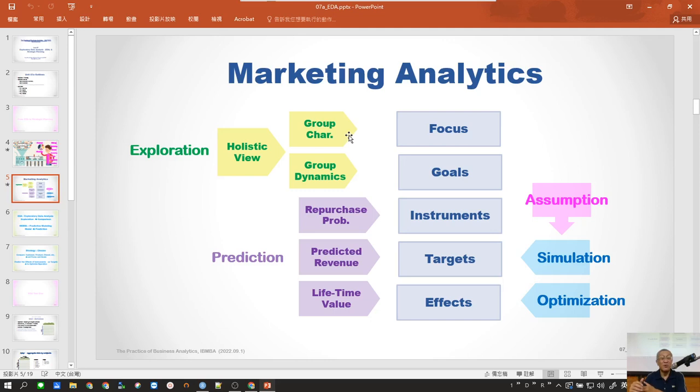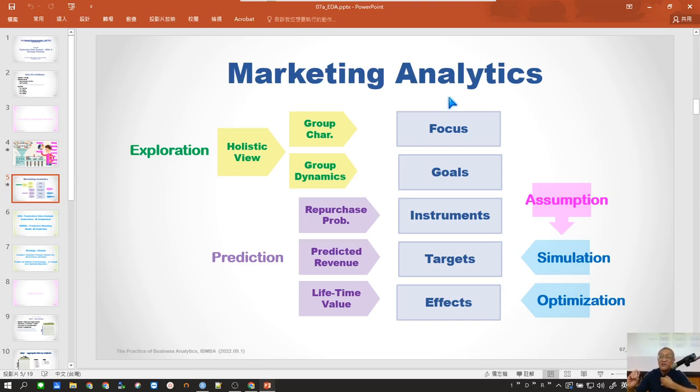And because you know the current situation, you can set the goal for improvement. So that's why we want to do data exploration. You do the exploration, you have a holistic view, you have the group situation, so you can set the strategy.